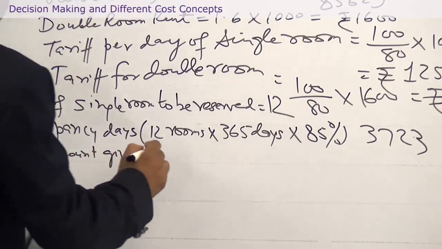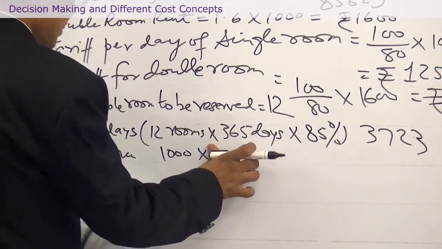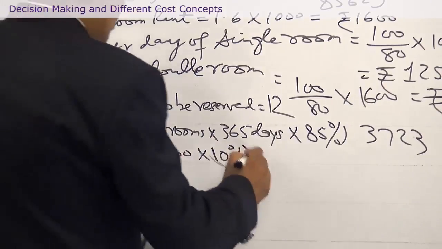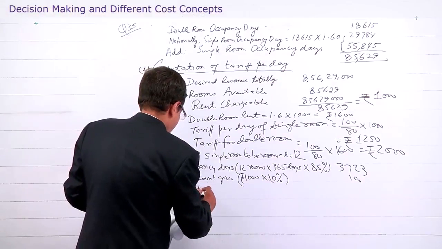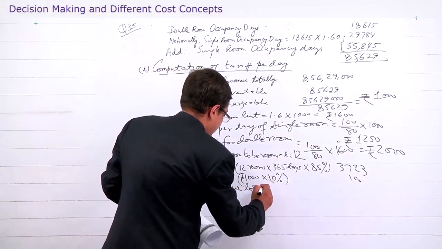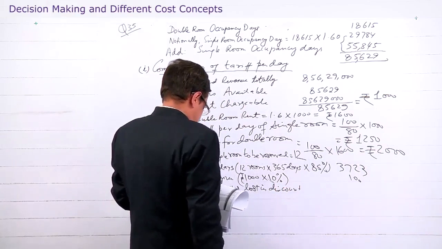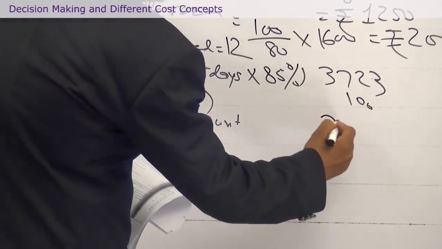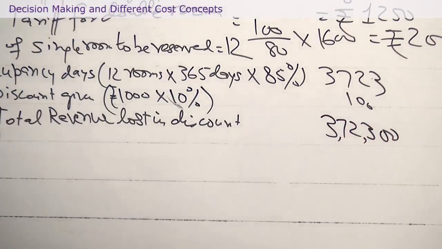So discount you give on 1,000 rupees at the rate of 10%. This works out 100. Total revenue lost in discount. So the total revenue lost is the multiplication of this, 372300, 3,72,300.